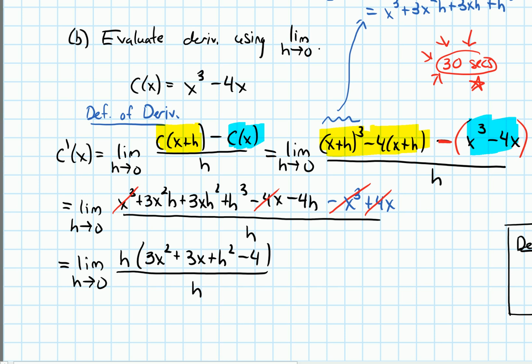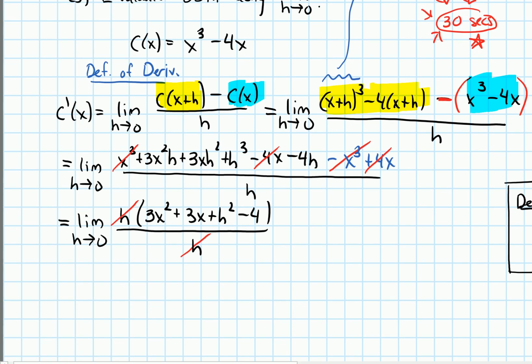But now, again, this h on the denominator, we are able to cancel it with the numerator. And that's typically going to be basically our second to last step in these definition of the derivative problems, canceling out that thing in the bottom. Okay, so now we've canceled that out.